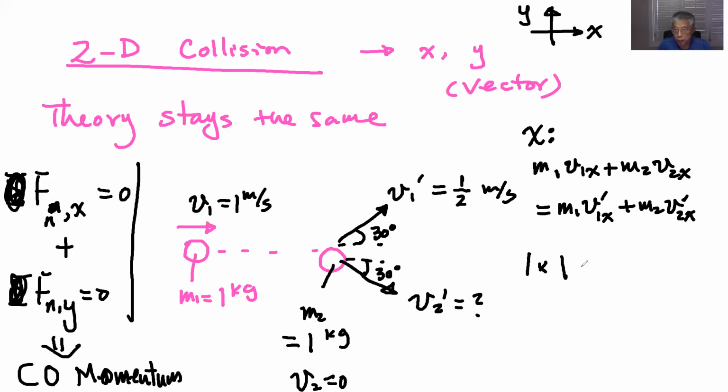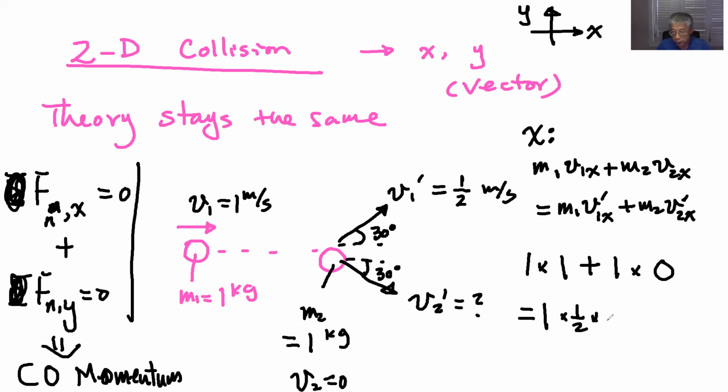So that's times 1 plus m2, which was initially at rest. So m2 is 1, and v2x initially is 0, so this must be 0. It's equal to m1, which is 1 again, times v1x prime, okay? Let's look at this. So this x prime is going to be m1 times v1 prime, which is 1/2, and then in this direction, so cosine 30 degrees, right?